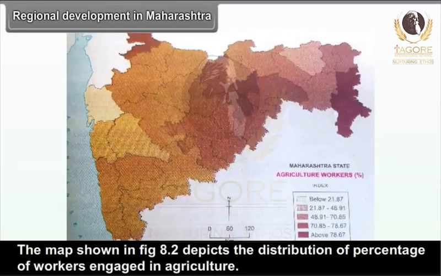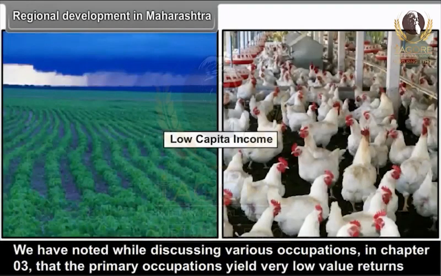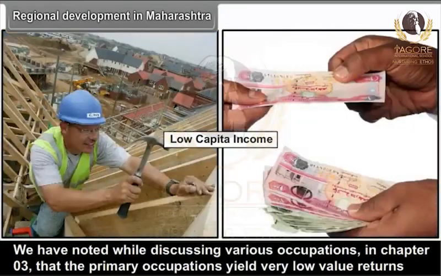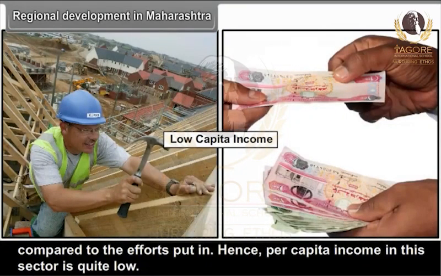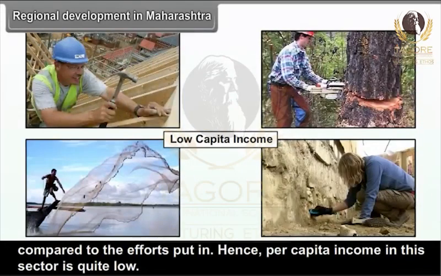The map shown in figure 8.2 depicts the distribution of percentage of workers engaged in agriculture. We have noted while discussing various occupations in chapter 3 that the primary occupations yield very low value returns compared to the efforts put in.